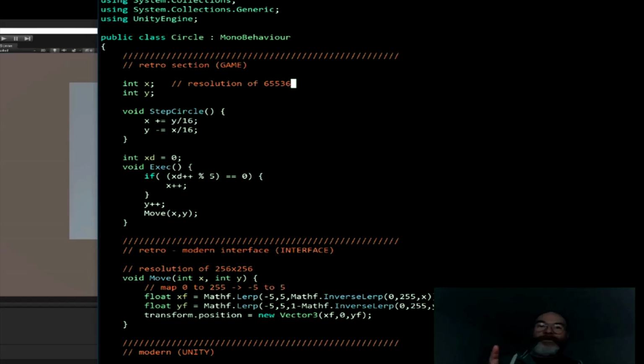Resolution of 256 times 256, which is 65536, or 2 bytes. Right, 256 is stored in 1 byte. 2 bytes can store a number up to 65536. So if I pretend that there's that resolution, God, that's a high resolution. They haven't made monitors with that resolution yet.